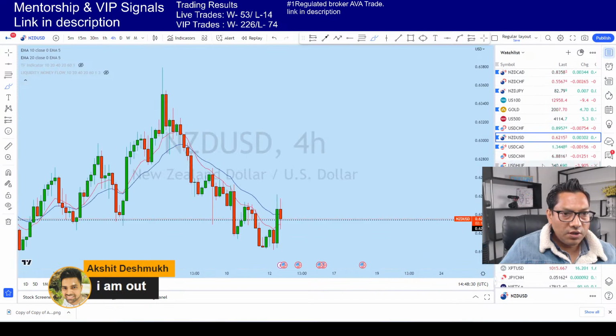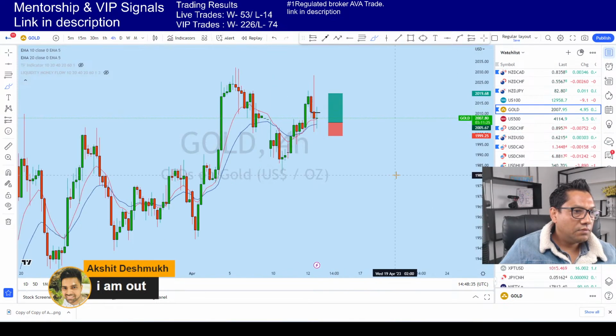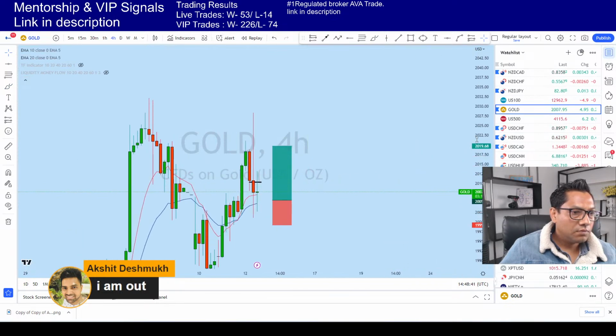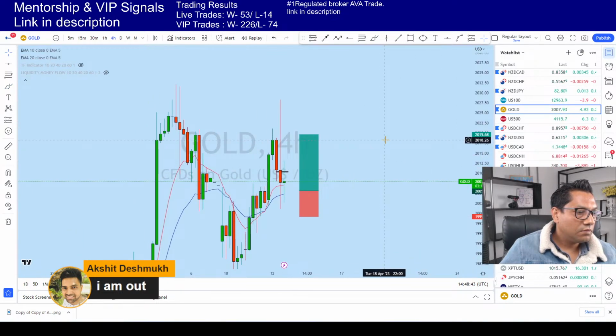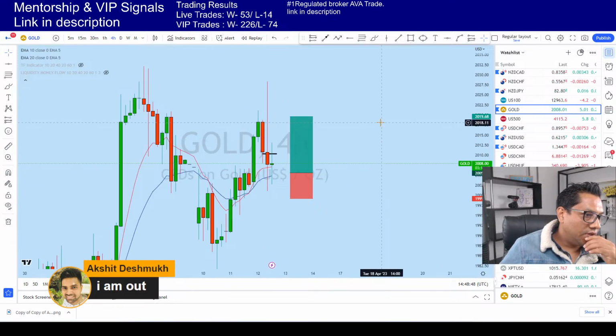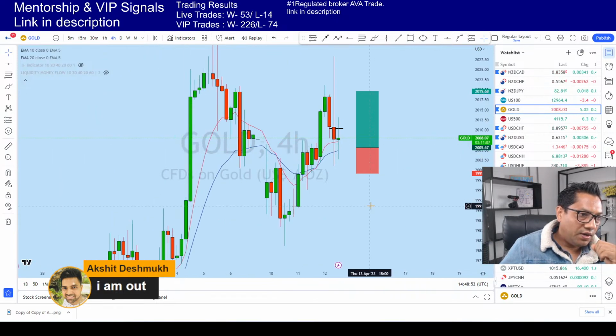So the dollar still looks weaker. See, this is the 4-hour chart on gold, which is in fact very strongly bullish.